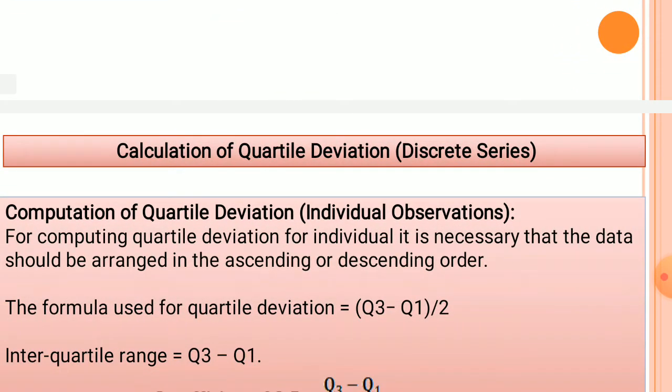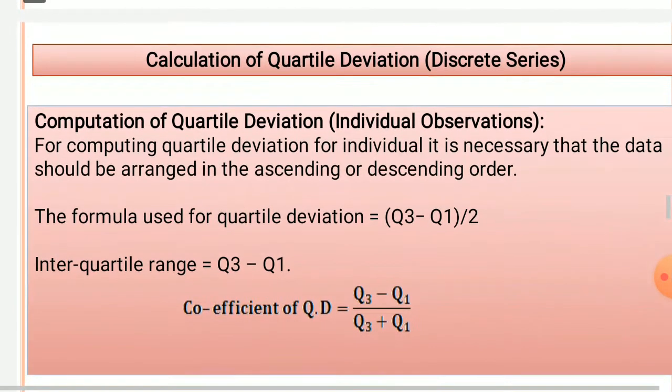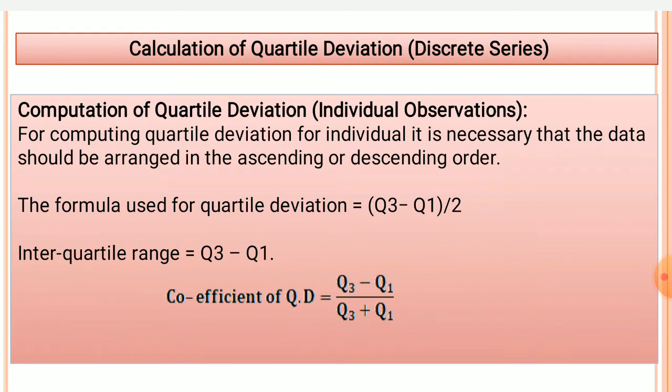Now computation of quartile deviation for discrete series. For computing quartile deviation for a discrete series, it is necessary that the data should be arranged in ascending or descending order.